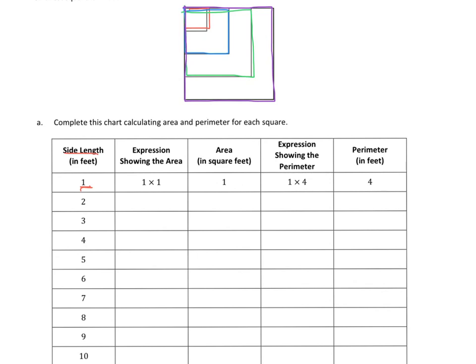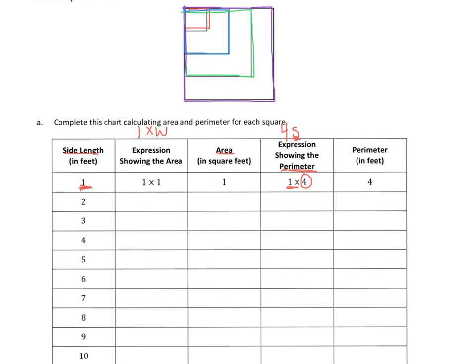The expression showing area, that's my length times width. This is my actual area. My expression showing perimeter, and the reason why we have 4 here is because there's 4 sides, and they're all the same for a square. So my expression really is 4s, which means 4 times the side. So whatever my side length is, that's the number that's going right there.